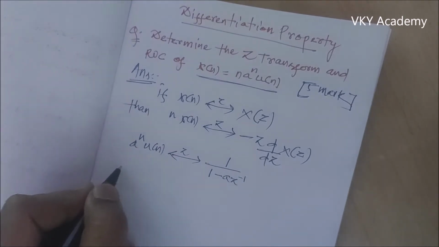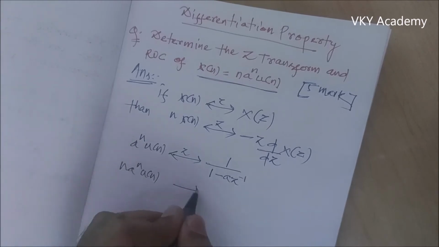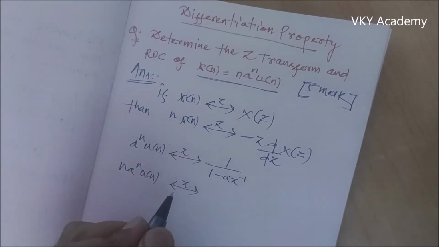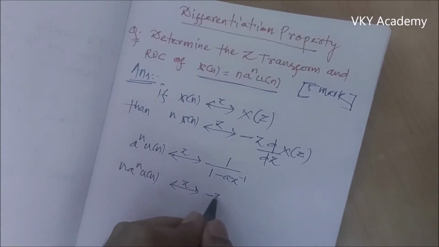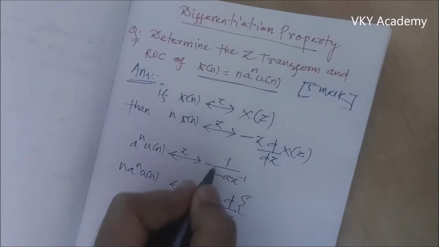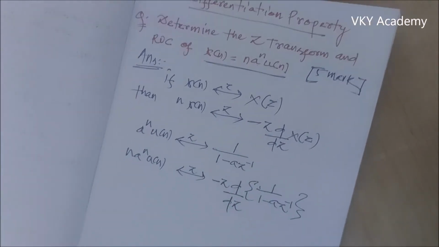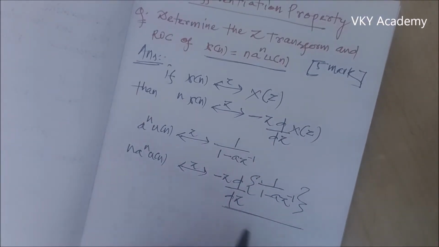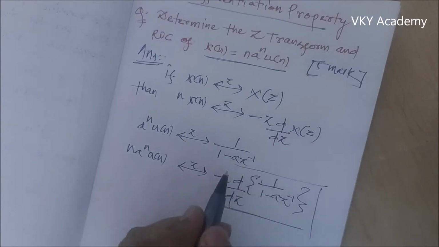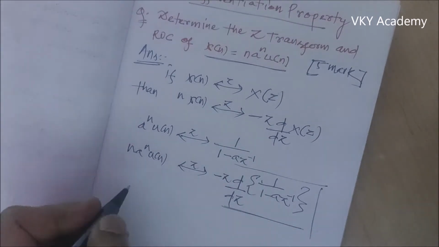So n times a to the power n u of n will have a Z transform of minus z d by dz of this X of z value, 1 by 1 minus a z inverse, and this will be the answer. After solving this result, we will get our answer. So let's solve this particular question.